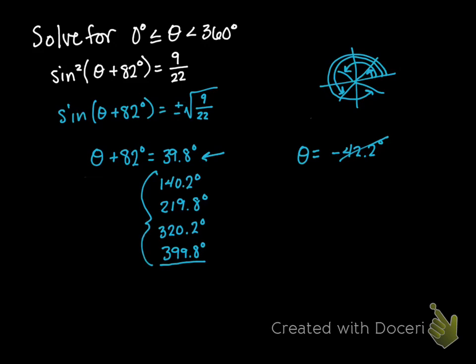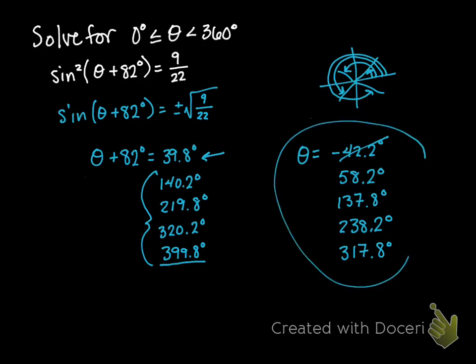So 140.2 minus 82, 58.2 degrees. 219.8 minus 82, 137.8 degrees. 320.2 minus 82 is 238.2 degrees, and 399.8 minus 82 is 317.8 degrees.